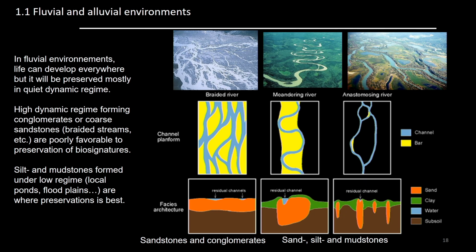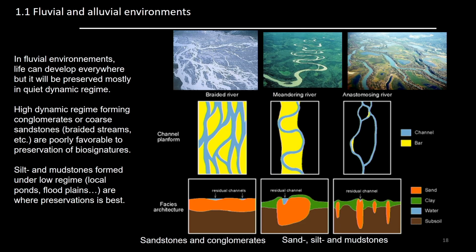Now if you do a cross-section below these rivers, the anastomosing river just stays at the same place. So you have sand and you have clay around. The most interesting part in this kind of system is between rivers, because you have a very stable location with shallow water most of the year. In meandering rivers, you also have locations with shallow water, but under the river it's mainly sandy and conglomerates, while it can be very silty or mudstones around in floodplains.